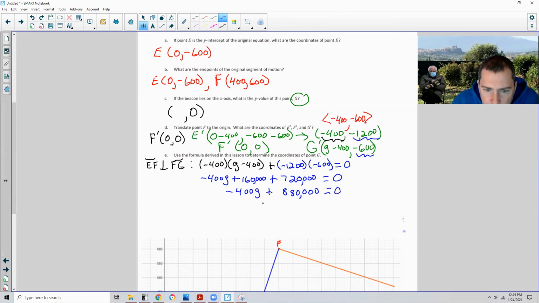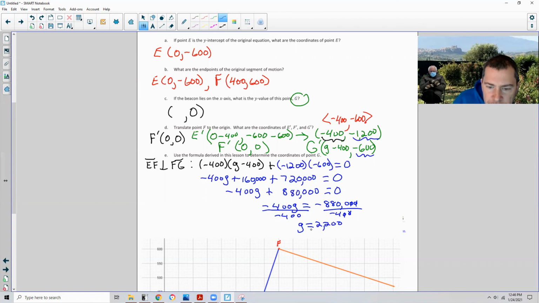Okay, move that over to the other side and I get negative 400g has to equal a negative 880,000. To solve for g, I divide by negative 400, and that will give me g equals negative divided by a negative is positive. This 0 cancels that, this 0 cancels that. 4 goes into 8 2 times, 4 goes into 8 2 times, and there's still 2 zeros.